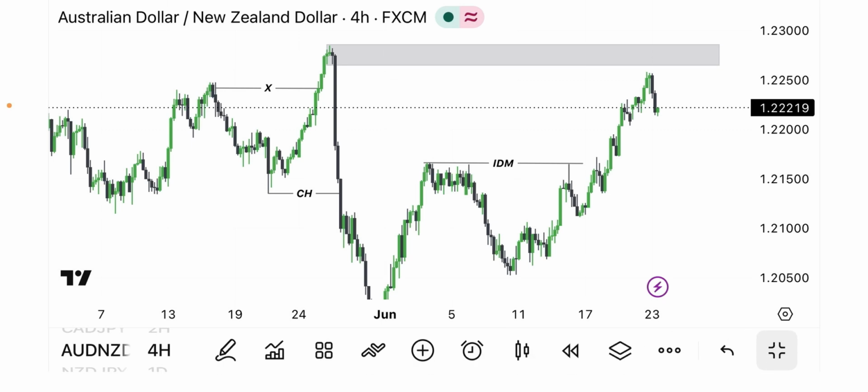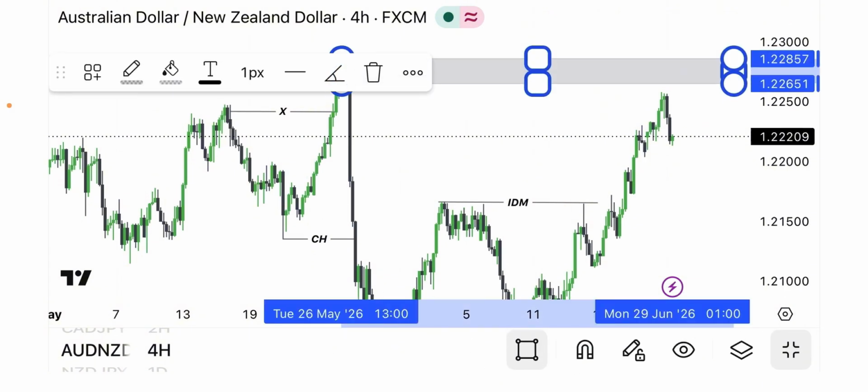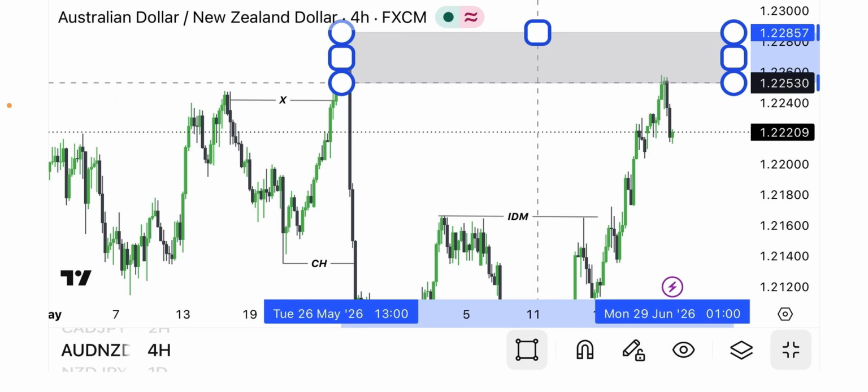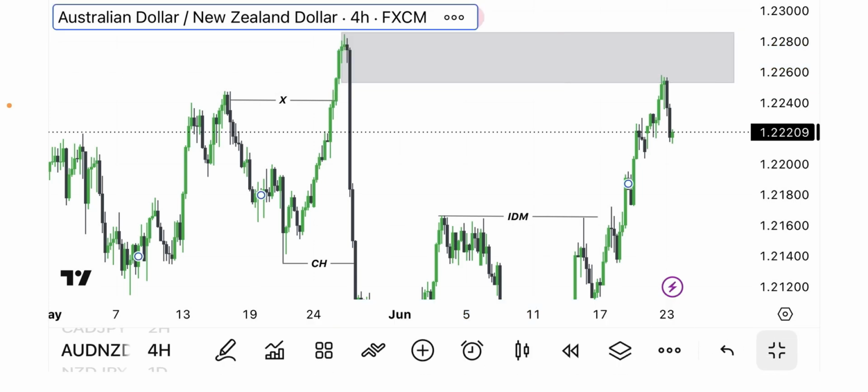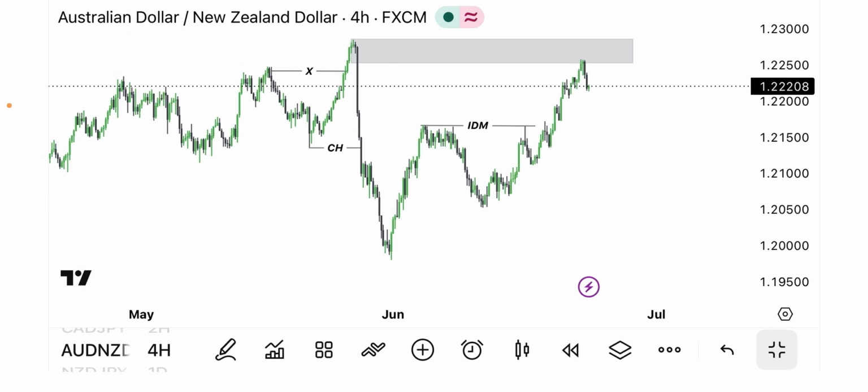A lot of people used to take their trades within the imbalance zone, right? But I have a couple of factors I do consider when it comes to trades like this. I don't really want to go into details, but what I will do is mark the previous strong bullish zone before the bearish movement. Do you understand? And if you look at it, the market tapped in and it's making its way towards the downside.